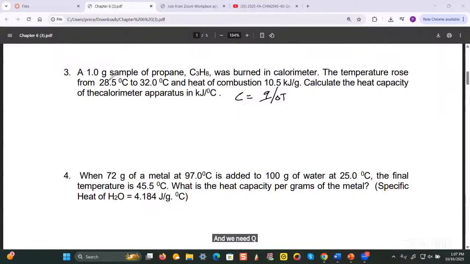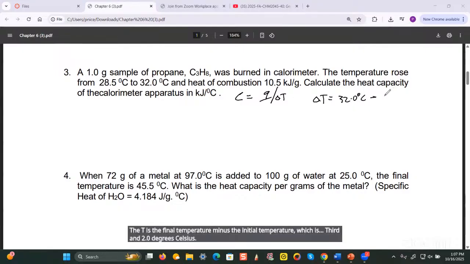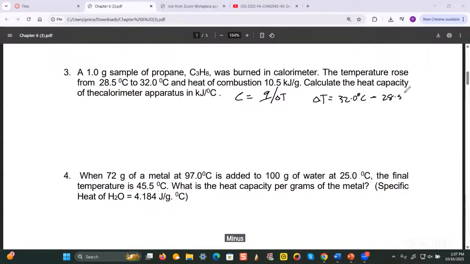Now delta T is the easier part so far, because delta T is a change in temperature, right? Delta T is the final temperature minus the initial temperature, which is 32.0 degrees Celsius minus 28.5 degrees Celsius, right?